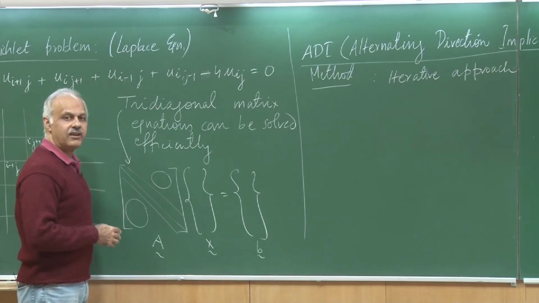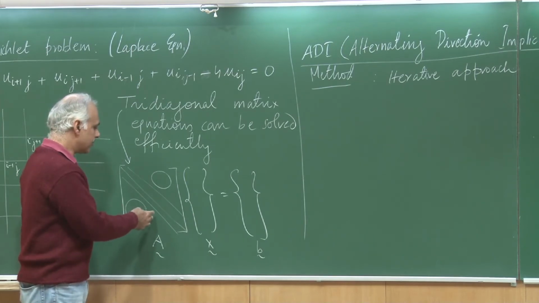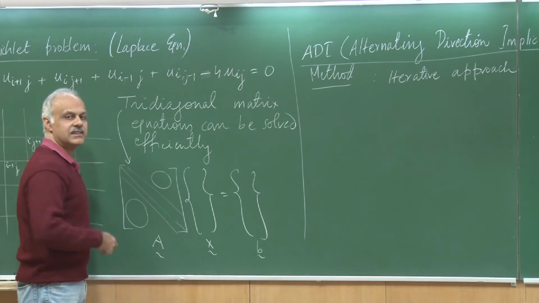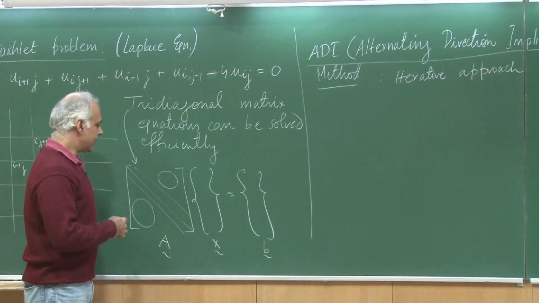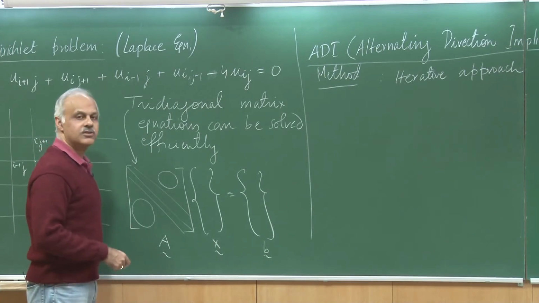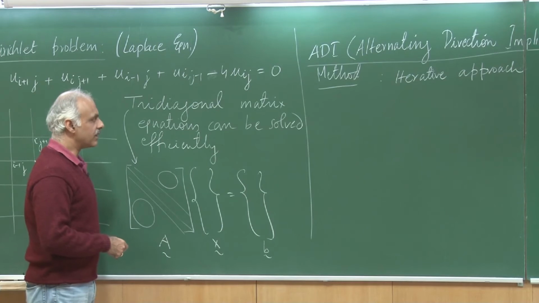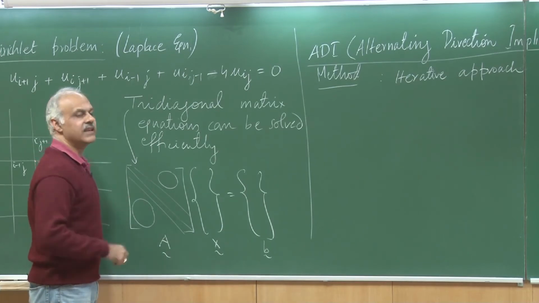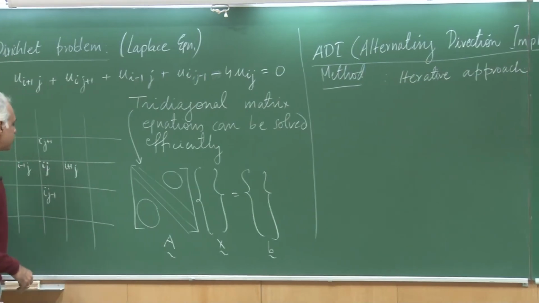Now suppose I have a million equations, and it is not possible for me to solve this system directly. Can I come up with an innovative approach to solve this iteratively but in an easier manner? That is what the ADI method allows us to do. It is a very smart approach.